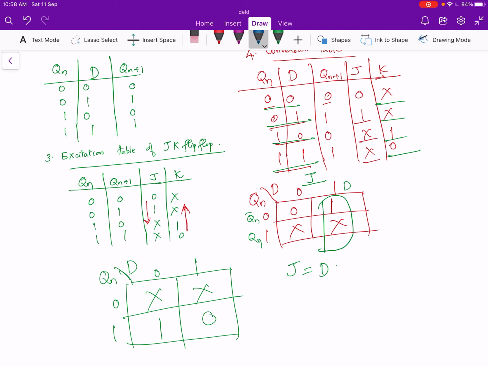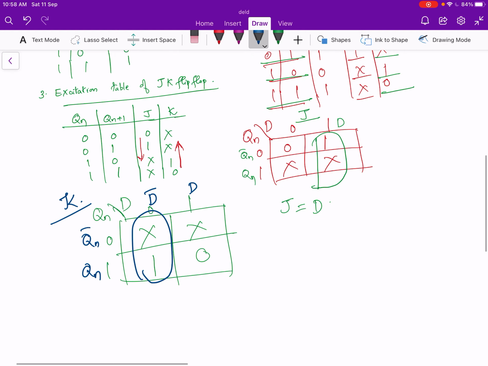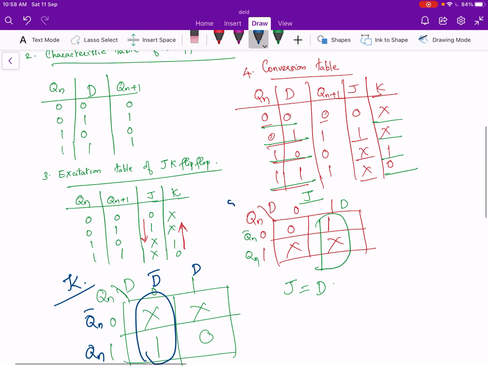Now we can do the grouping like this. So this is D bar, this is D, and this is Qn bar and Qn. So this is the K-map for K, and we'll get K as D bar. So this is the fifth step. We have drawn the K-maps and found the expressions for J and K.